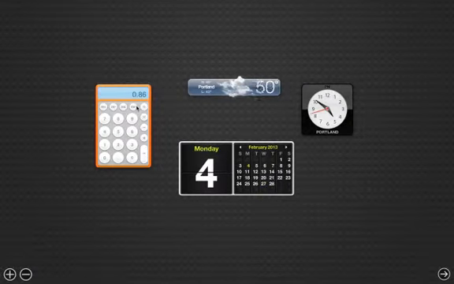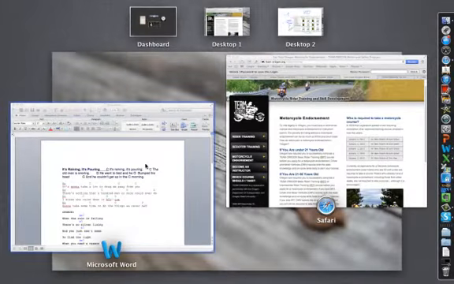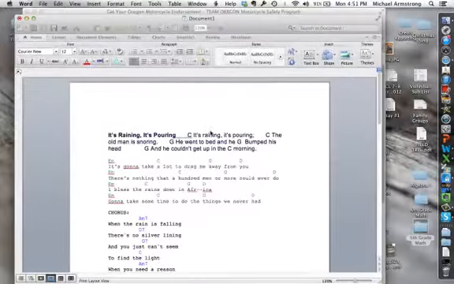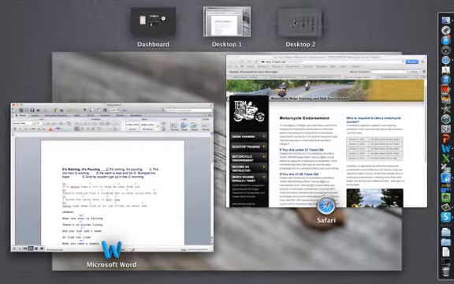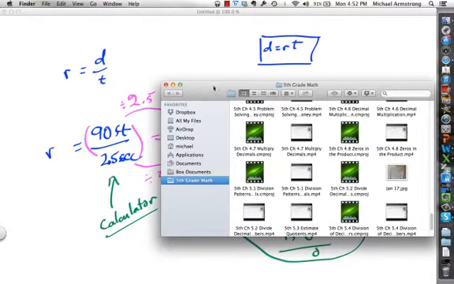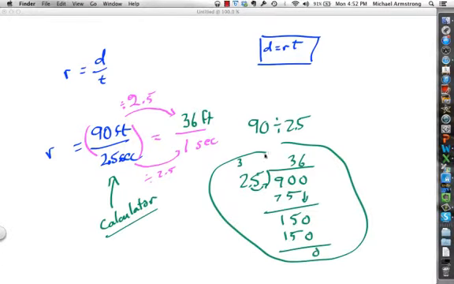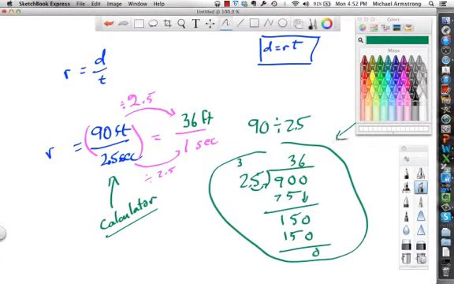So if we punch in on our calculator, let's clear it out. 90 divided by 2.5. Let's just make sure. And it's 36. Now, I kind of like to do it on paper because it makes me understand exactly what's happening. Okay. But that's how it works.